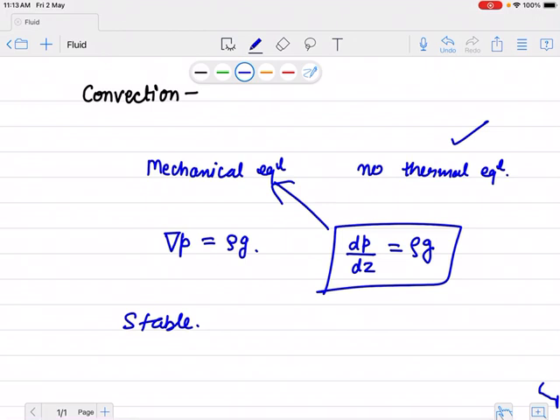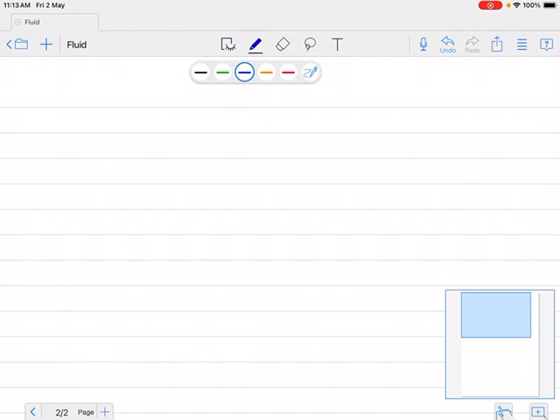Initially the system is in mechanical equilibrium, and finally it wants to be in thermal equilibrium also. This is known as convection. This is the definition of convection, in which the system wants to reach thermal equilibrium to equalize its temperature. Thus the condition for a mechanical equilibrium to be stable is that convection be absent.